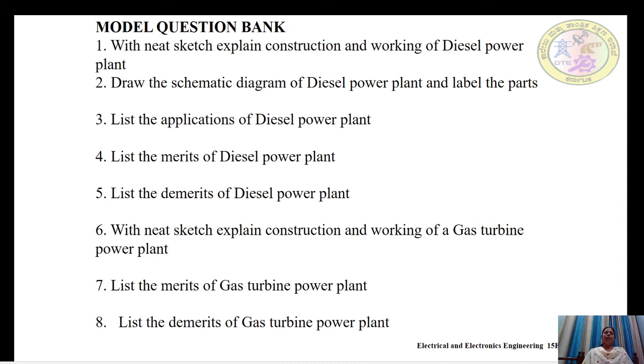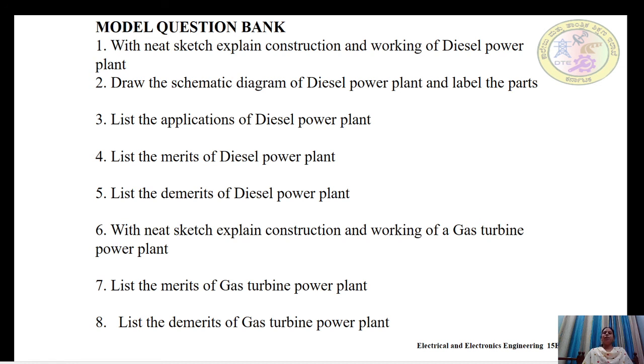One more thing I have to specify. While studying electrical power generation, you will get a lot of diagrams in this subject. For all generating stations, it is very important that you practice very well and know what is what.